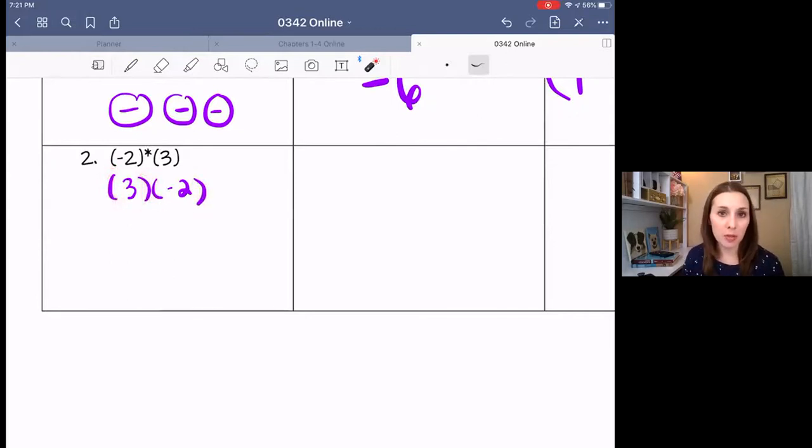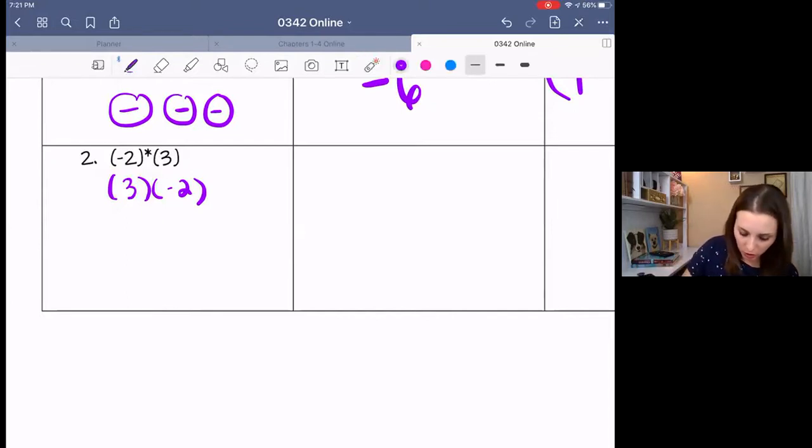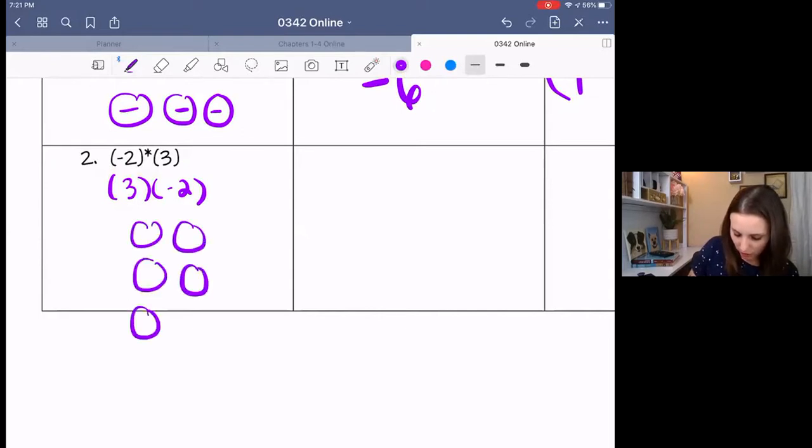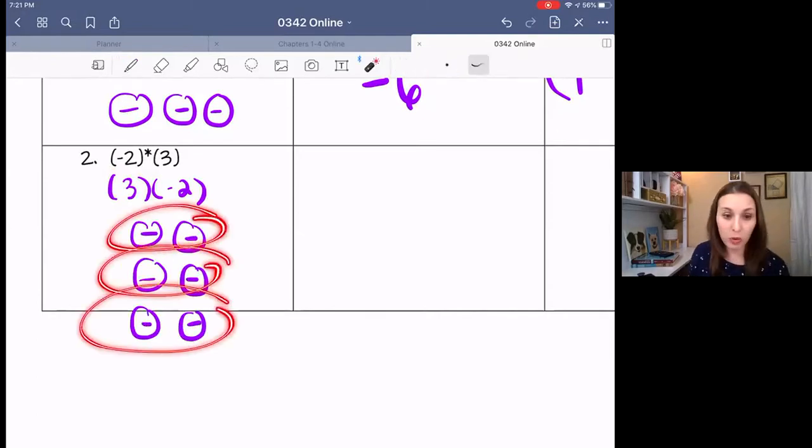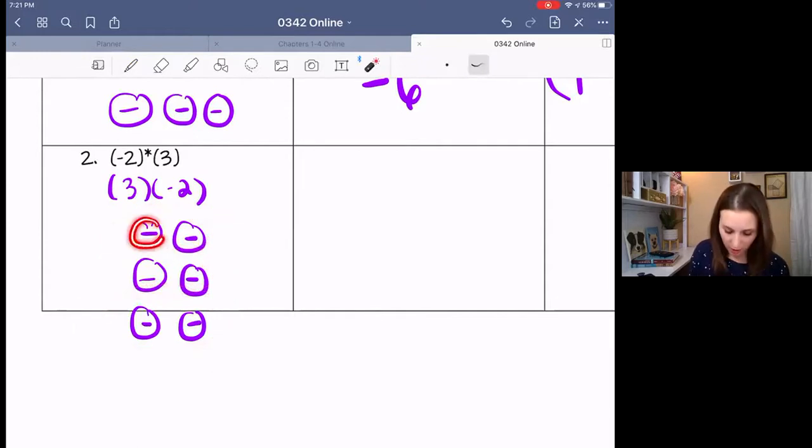When there's no sign in between the parentheses, that means multiplication. So this is saying 3 rows of -2. So I'm going to draw that. 3 rows of -2. Negative, negative, negative, negative, negative, negative. So there are 1, 2, 3 rows of -2 bubbles.